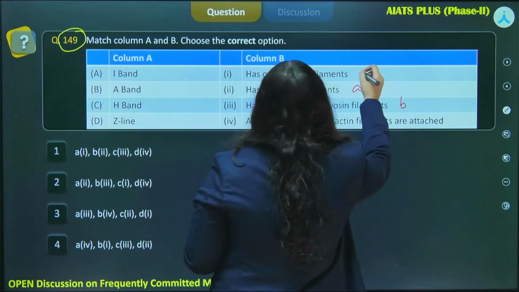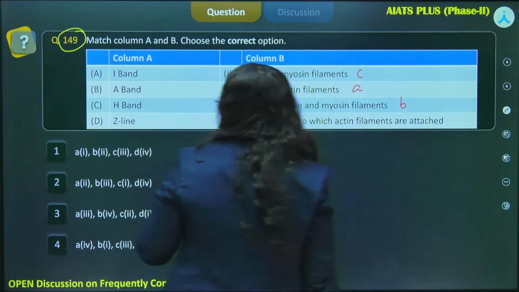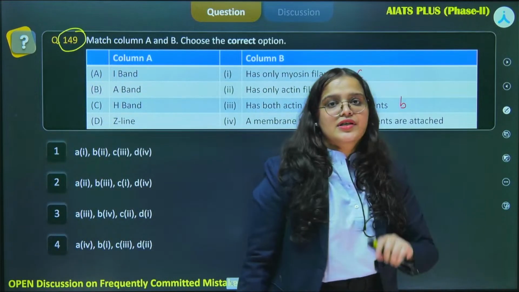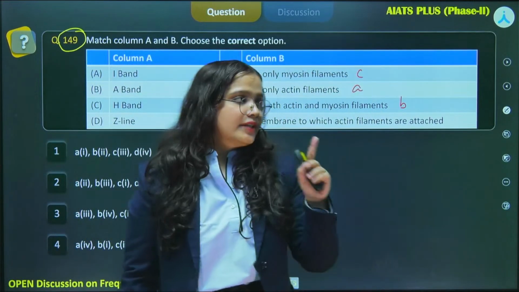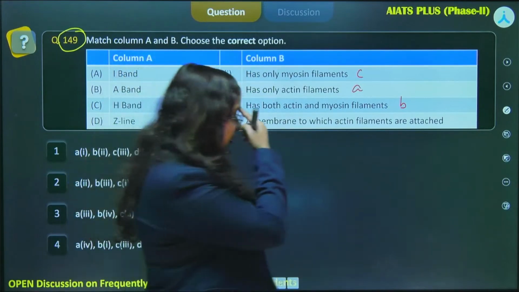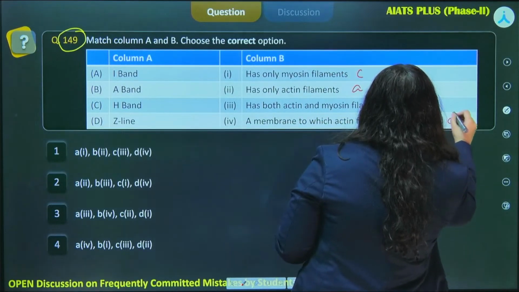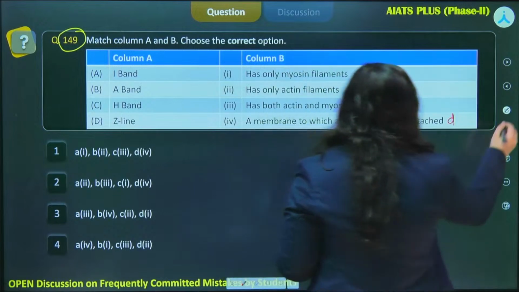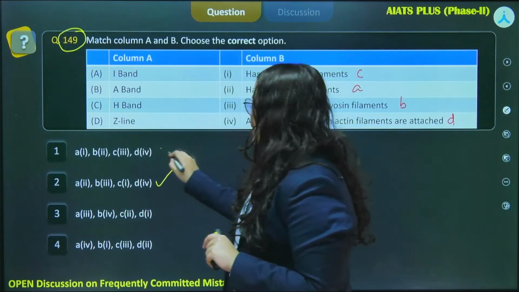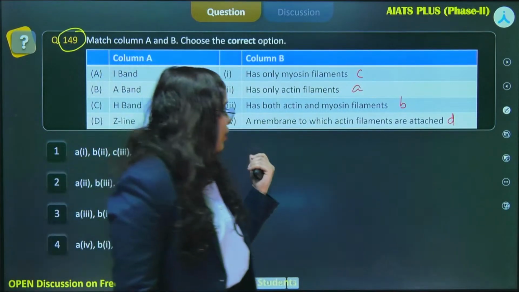So C will match with 1. And finally, we have the Z line, and it is a membrane to which actin filaments are attached, and we saw in the structure that actin filaments were attached to Z line to hold it in place. So D will match with 4. And the right combination of matches that we see in our options is option number 2. So our right answer will be option number 2, and we'll straight away eliminate the other options.